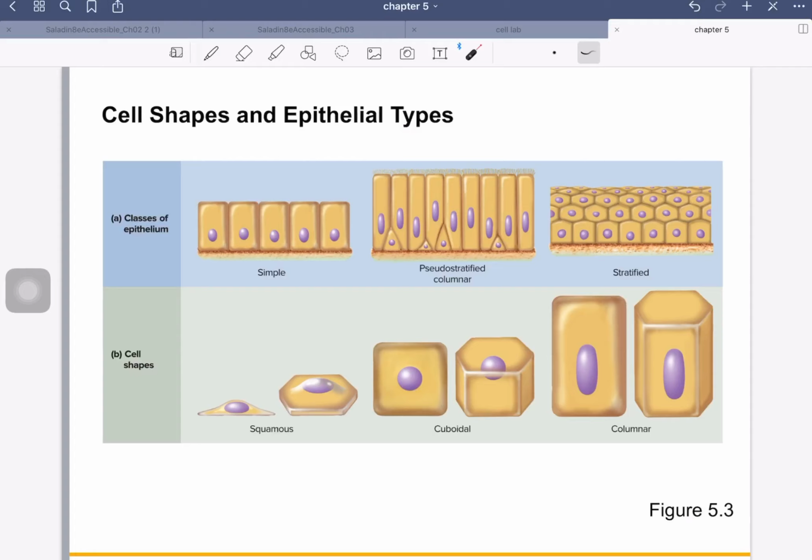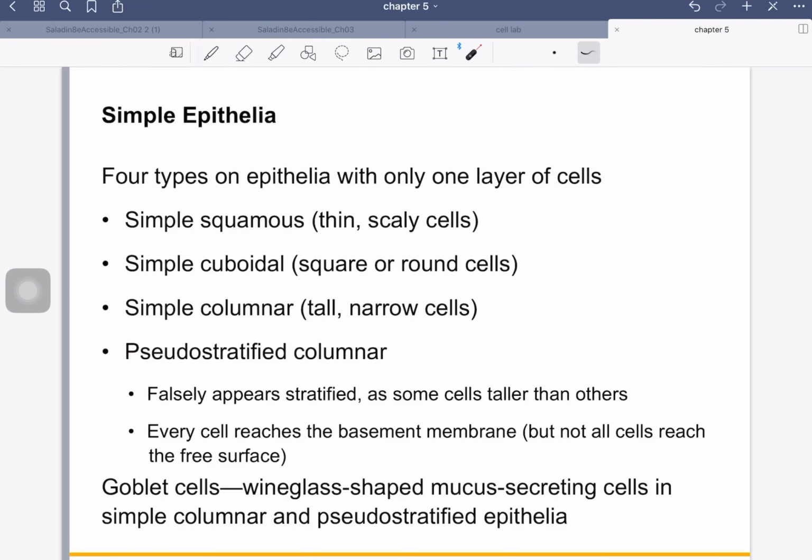And then when we add the shape of the cell, it's either squamous, cuboidal, or columnar. Now, simple epithelium, we can have simple squamous, simple cuboidal, simple columnar. Remember, it's only one layer thick. We also have pseudo-stratified. And as I said, it's called pseudo because it looks stratified, but it really isn't.